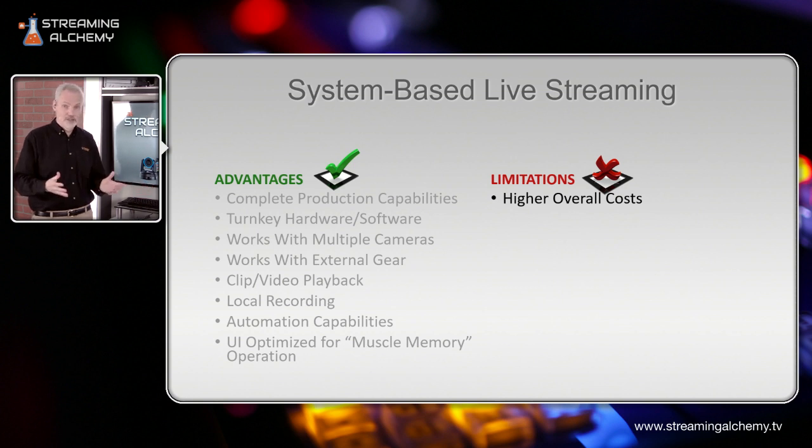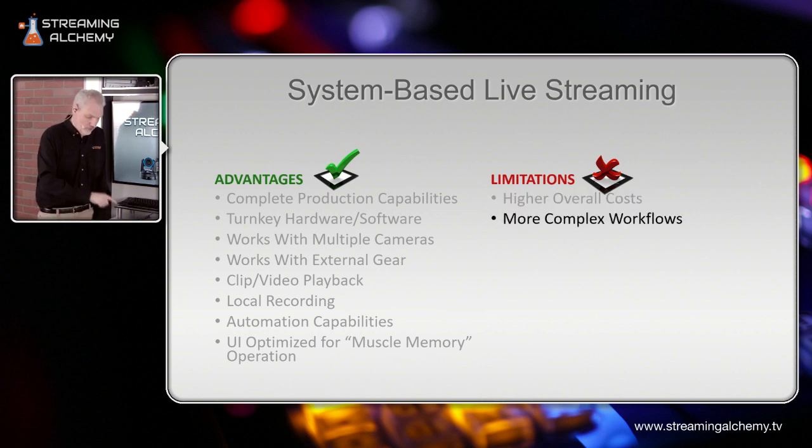So definitely you're paying a premium to have all of these things well integrated and smoothly operating together without a lot of technical knowledge on the hardware or operating system level. The other piece, which again we mentioned, it's the same for application based, there are more complex workflows, plus and minus, as we mentioned before.